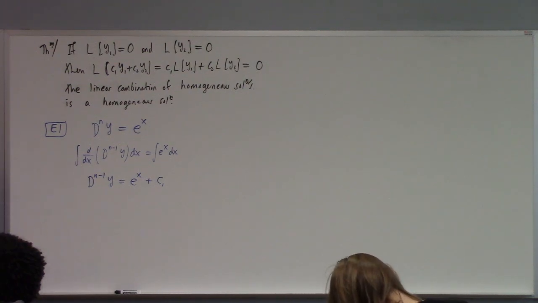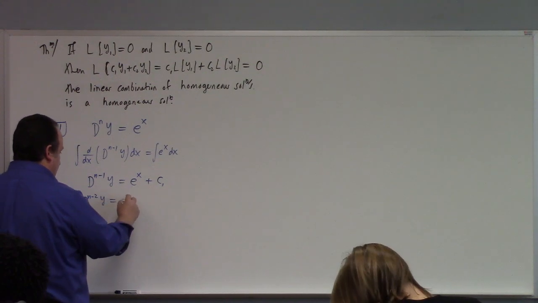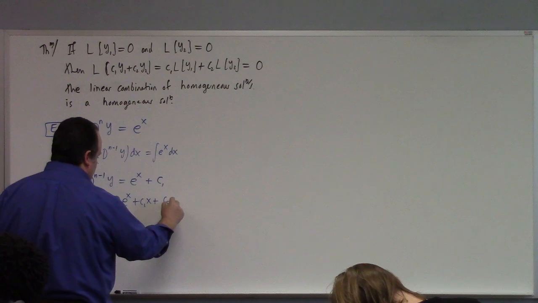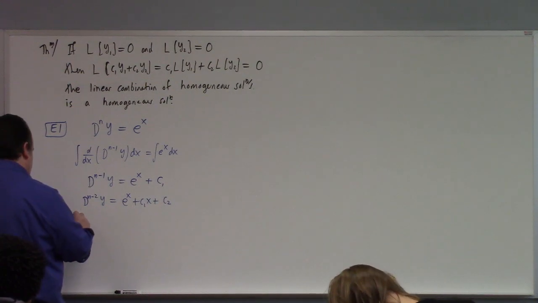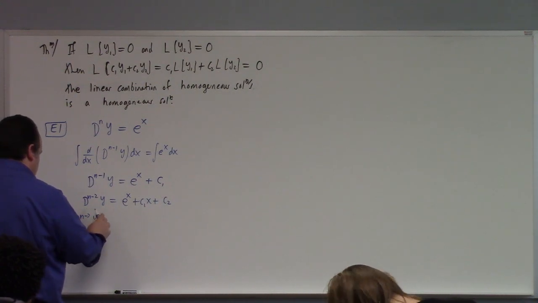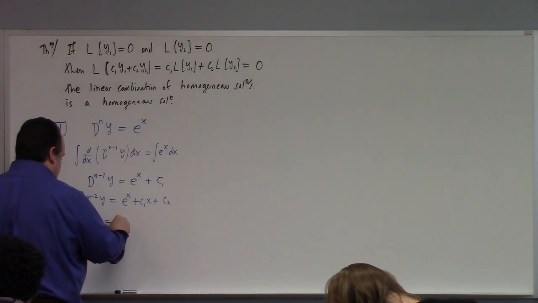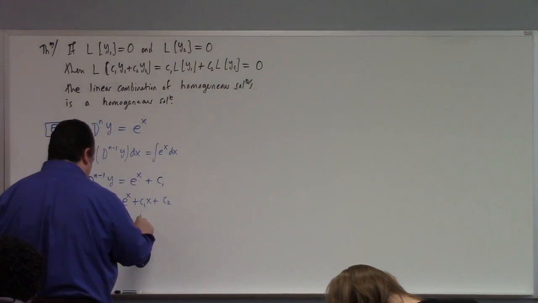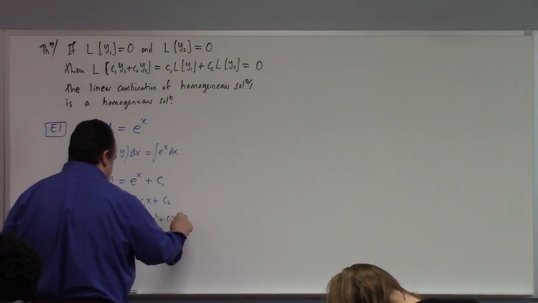Integrate again. We get the n minus 2th derivative of y is equal to e to the x plus c1x plus c2. Integrate again. We get the n minus 3th derivative of y is equal to e to the x plus 1 half c1x squared plus c2x plus c3.